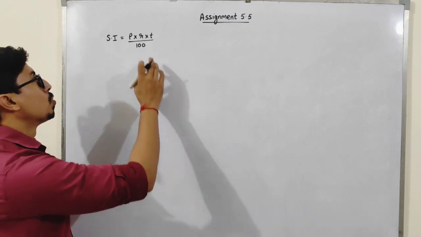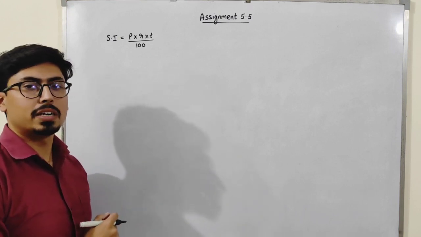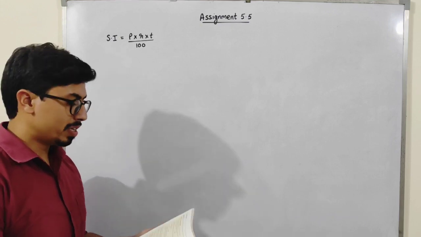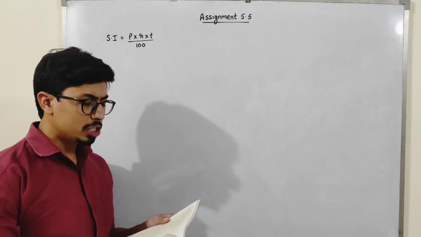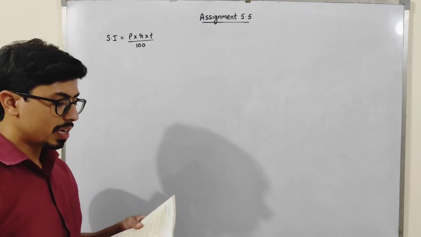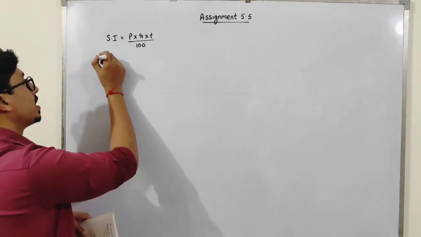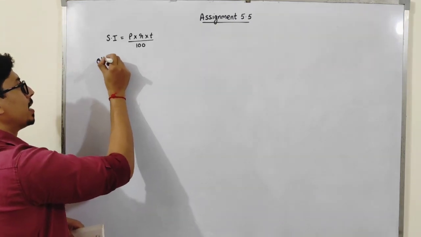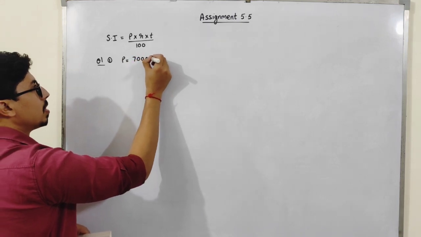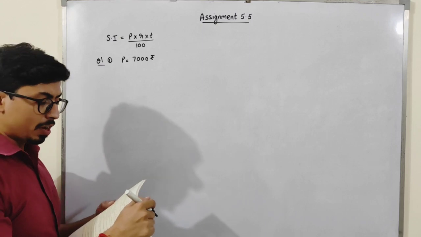Okay. So this is the simple interest formula. I'm going to use this formula in this complete assignment 5.5. Now the very first question, first part, students. Ramesh borrowed 7,000 from a bank for 1 year at a rate of this. The interest will be paid after 1 year. For the first question, first part, principal is 7,000 rupees because Ramesh borrowed 7,000 from the bank for 1 year.